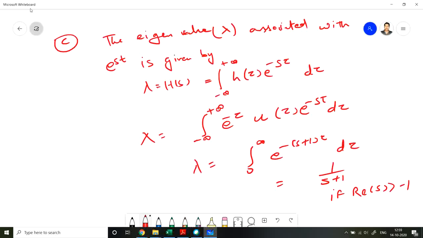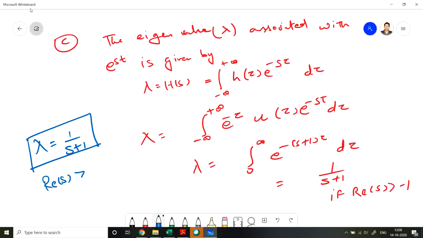So this is our eigenvalue, lambda equals 1 divided by s plus 1, with real part of s greater than minus 1.